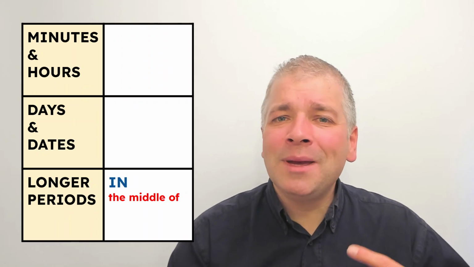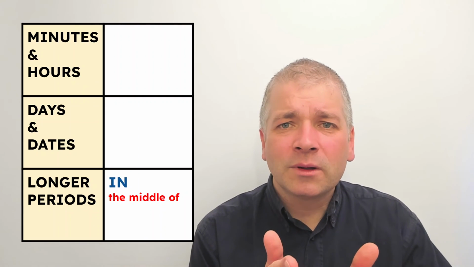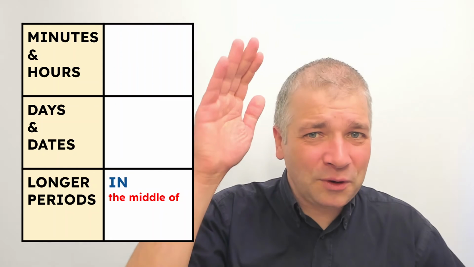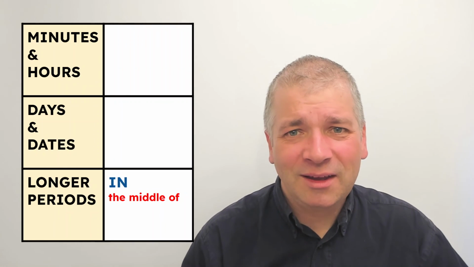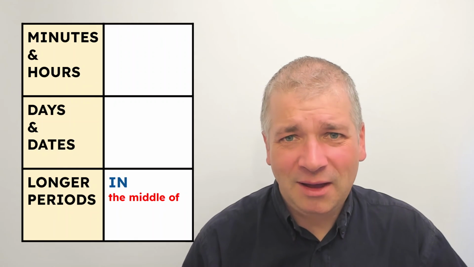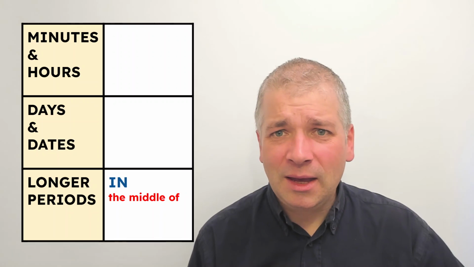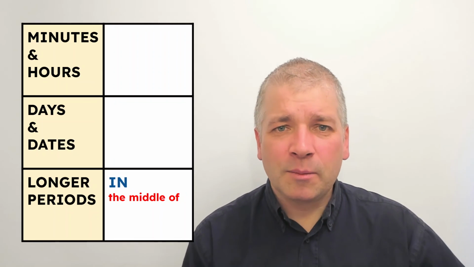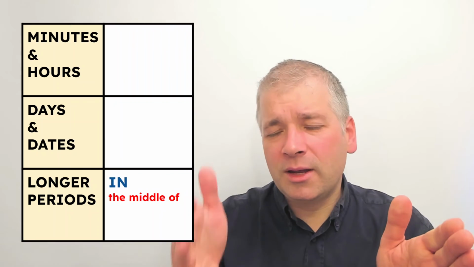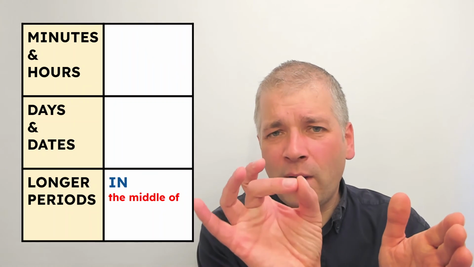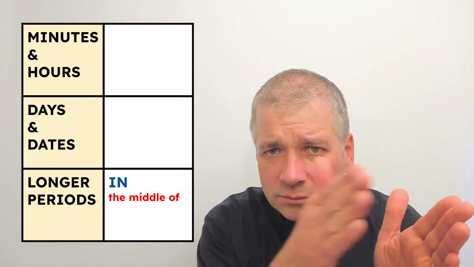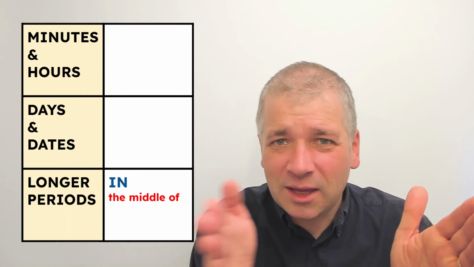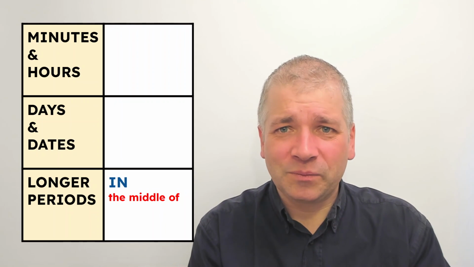So in the middle of the year, we have summer in the northern hemisphere, winter in the southern hemisphere. In the middle of the day, the sun is highest in the sky. So in the middle is between one point in time, another point in time, somewhere about 50% of the way between the two.